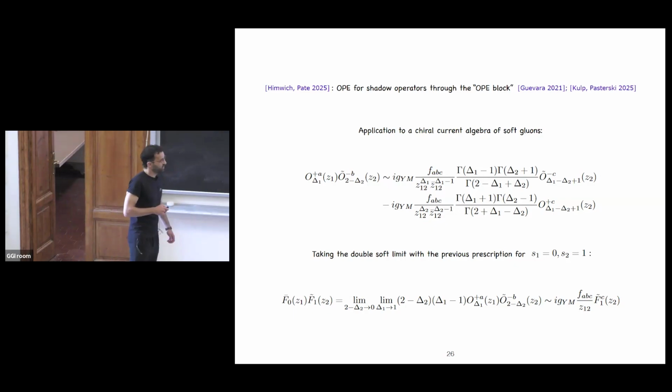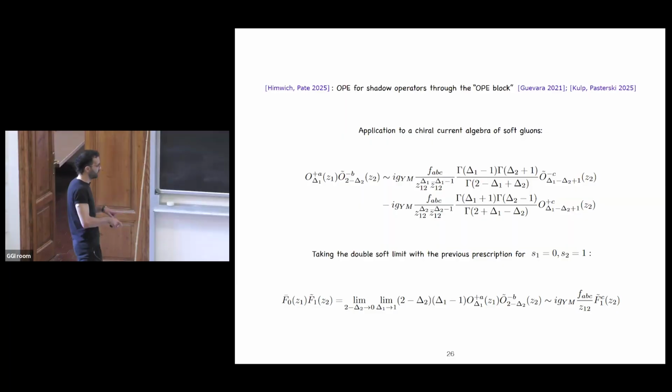The reason why they use the OPE block is because, since you lose the notion of collinear limit, it's not expected anymore that only the primary term contributes more than the subleading terms. So you need to consider the whole family of descendants, and that's what the OPE block does for you. And then basically you do a shadow of this OPE block. And this is, for instance, the result that they get when applied to the Kac-Moody algebra of soft gluons.